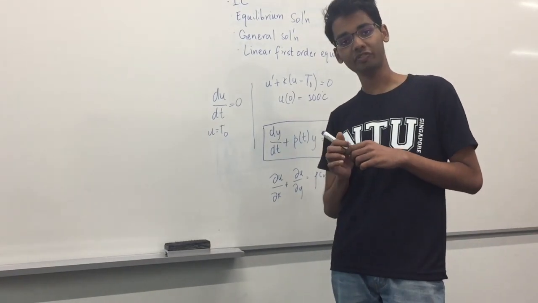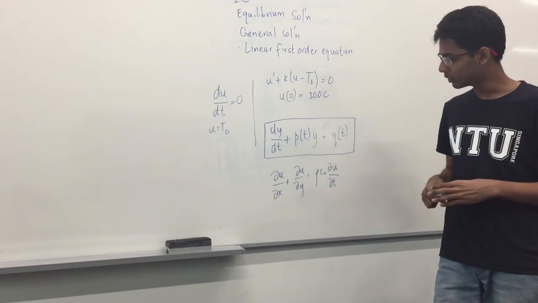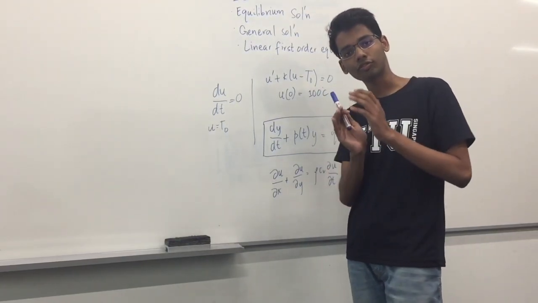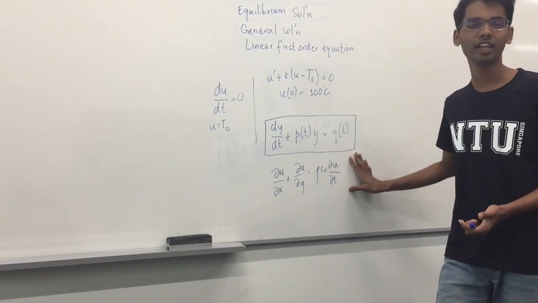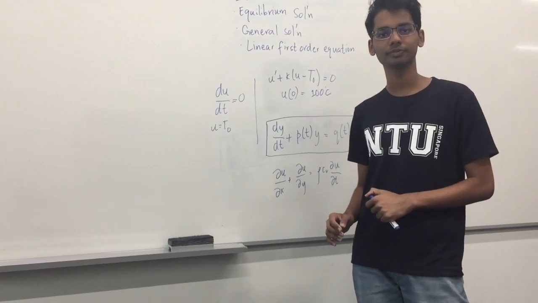These are known as partial differential equations. I would suggest you not to look over this for now, and I'll be covering this towards the end of this course. Thanks for watching.